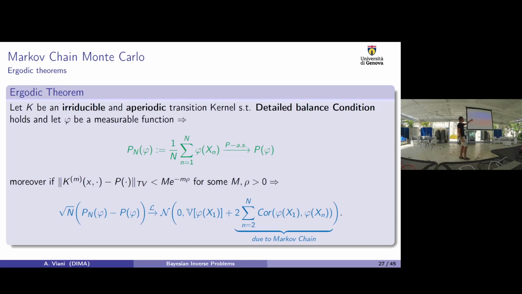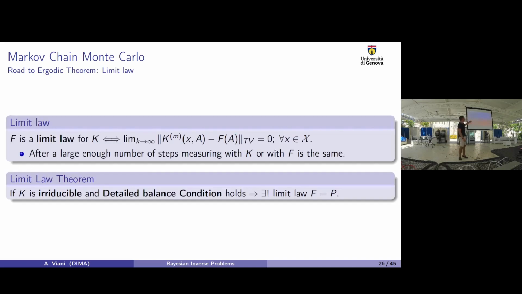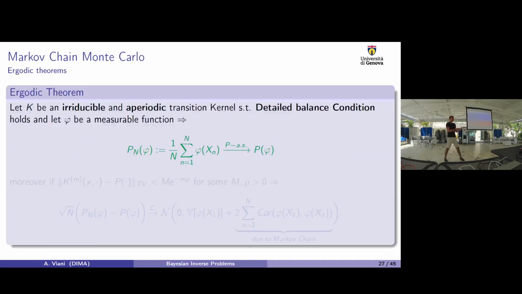And if I have the limit law, and the limit law is P, every time I use K, I get closer and closer to P. And if it is invariant, once I've reached P, I don't move. So this is the path.